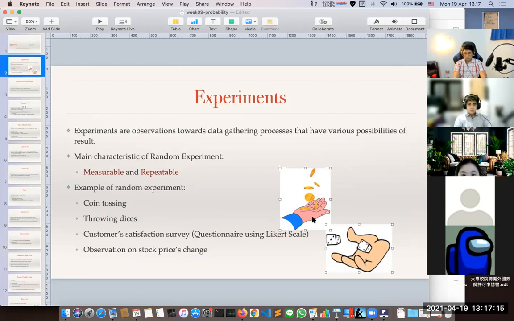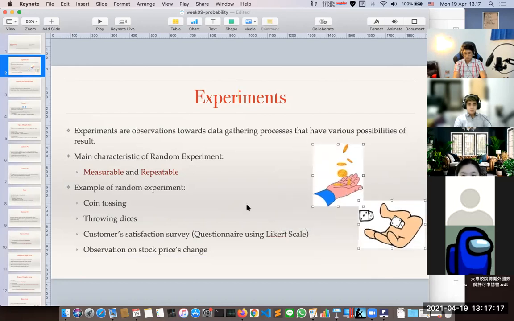So your customer will be given a questionnaire using a Likert scale, starting from 1, denoting the worst service ever, until 5, showing the best service they can provide, and 3 being neutral, right? In this case, the customer service officers cannot predict what value you will give them.